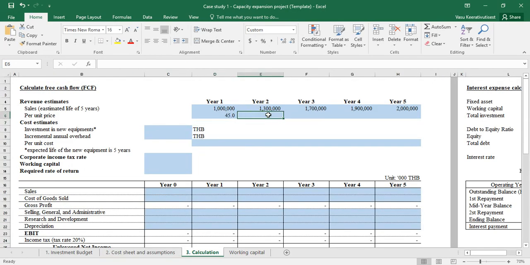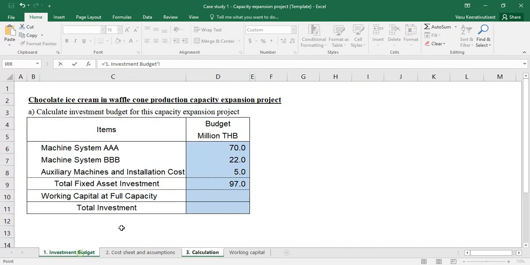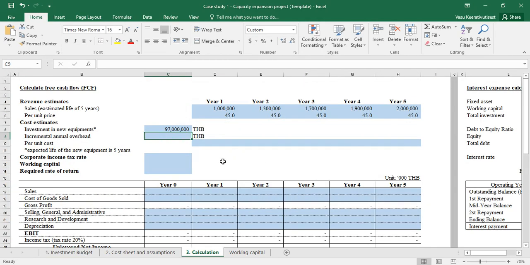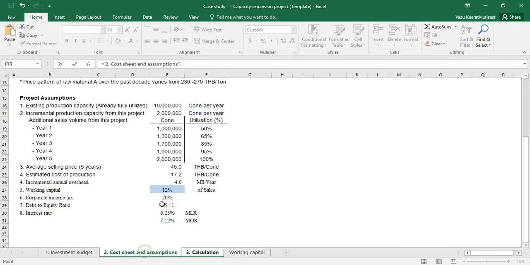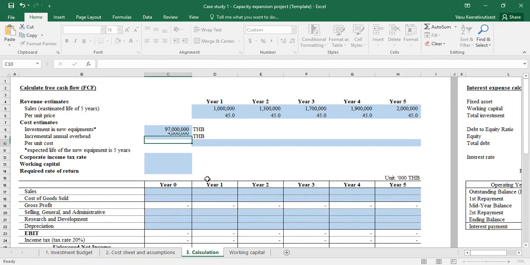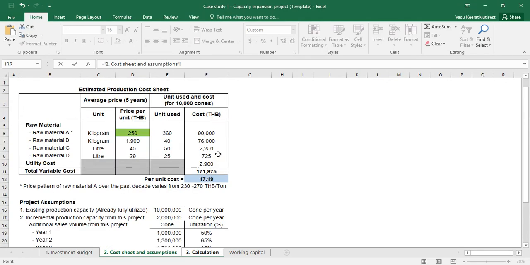This is a per unit price, 45. You can set it equal to this one. Here's your investment in new equipment. But be careful, this is mentioned in million baht units. Incremental annual overhead is here, 4 million multiplied by 1. Then here's your per unit cost, so you link to this one.